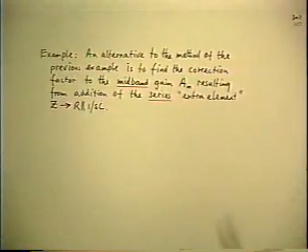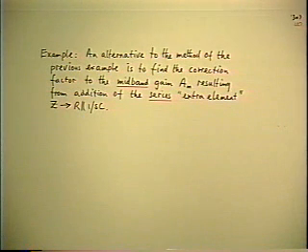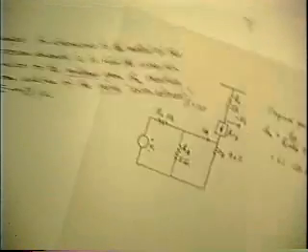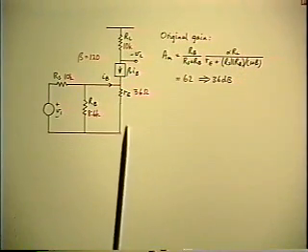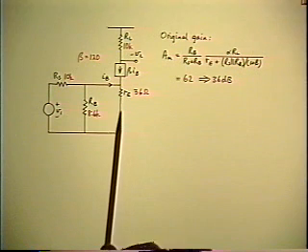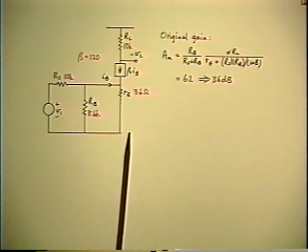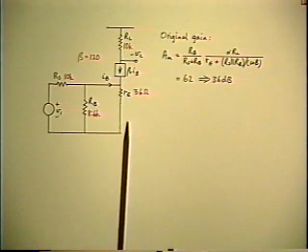So let's do an example of that one. And again, to keep as much the same as possible, let's take the same circuit. Except this time, we'll start out with the common emitter amplifier stage with the emitter stabilizing resistor completely bypassed out. So this is the mid-band model now.